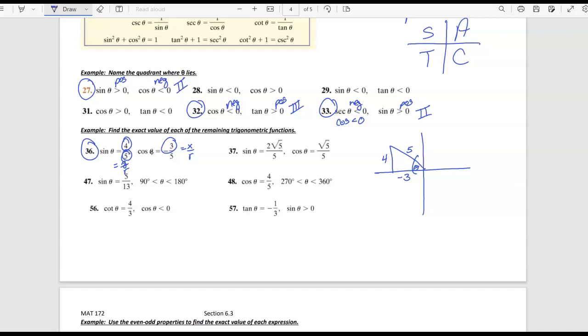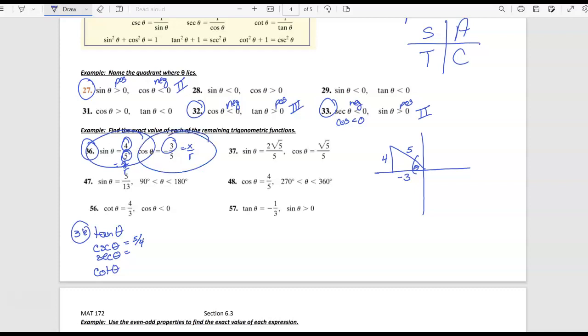So let's find the other trig functions. We need to find tangent, cosecant, secant, and cotangent. I'm going to start with the easy ones. Cosecant is the same thing as 1 over sine. So if I were to flip that, I'm going to get 5 over 4.